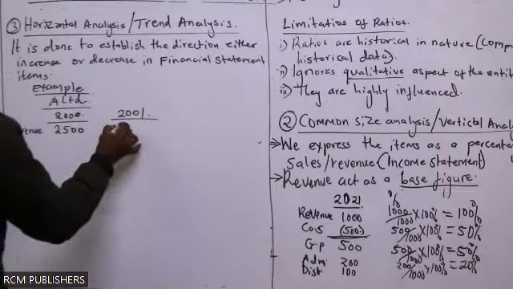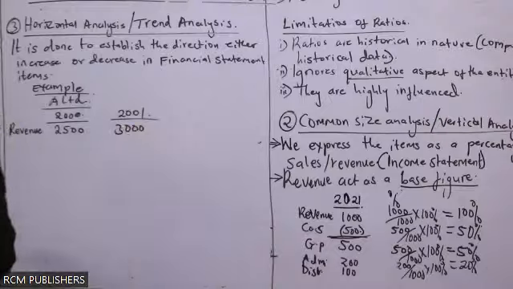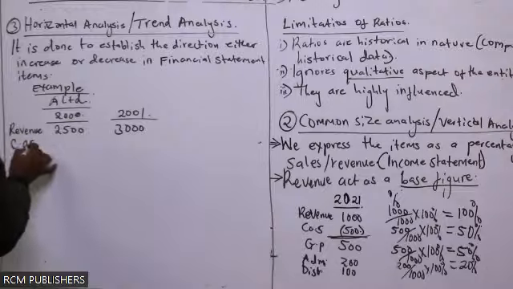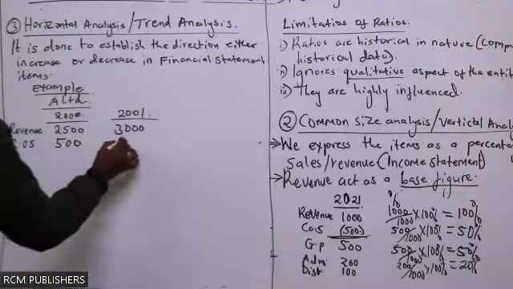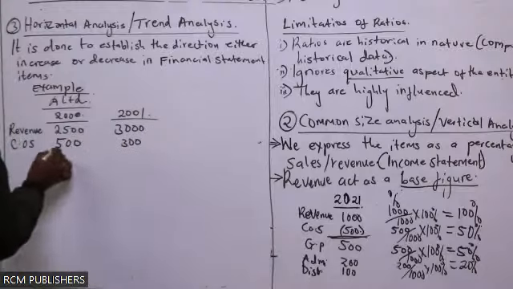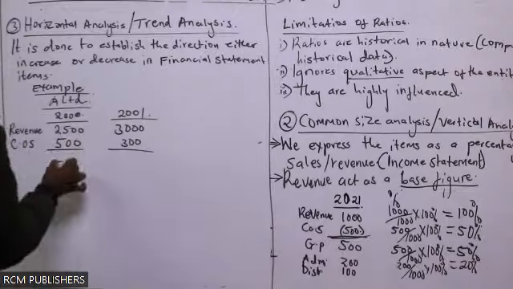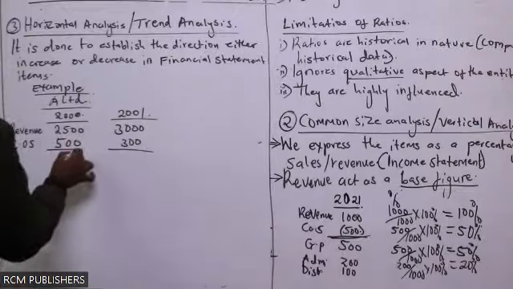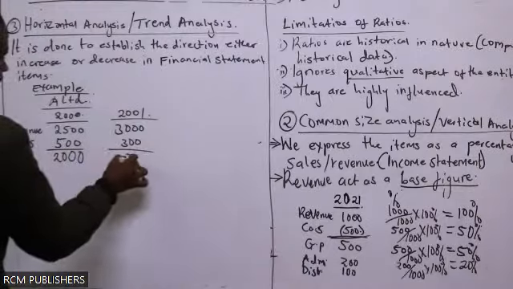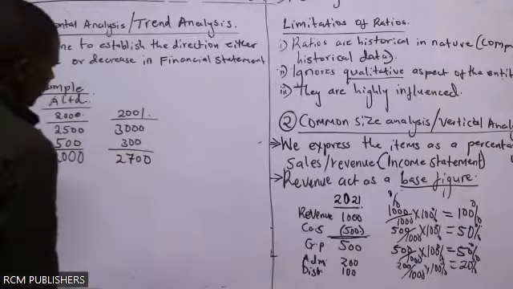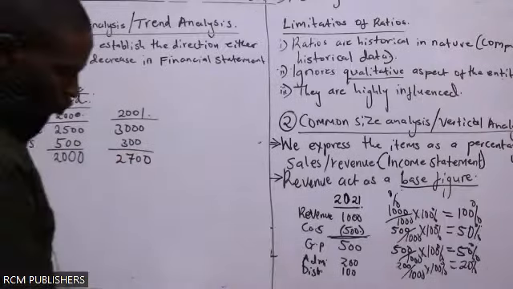Then here we have revenue of 3,000. Then cost of sale, maybe 500, but here we have 300. Then our gross profit will be 2,000 here, and here 2,700.